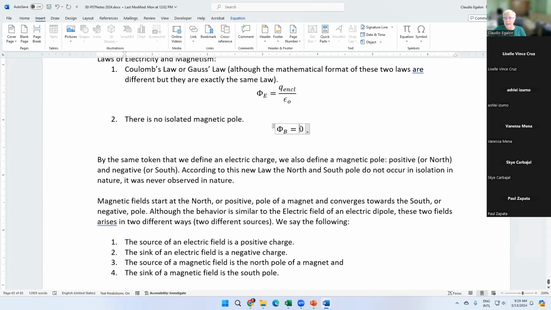The zero states that there is no magnetic monopole in isolation, but only magnetic dipoles. In the case of an electric dipole, the electric flux is also going to be zero if we put a surface encompassing the two charges, positive and negative.